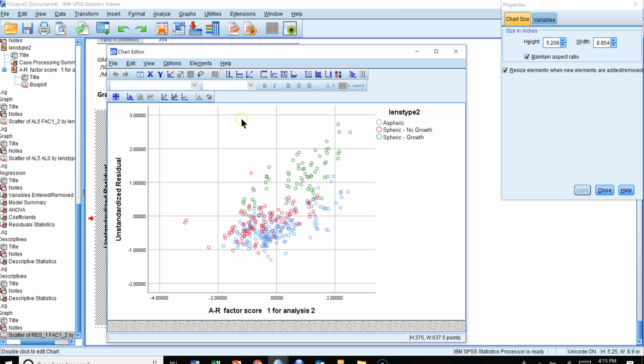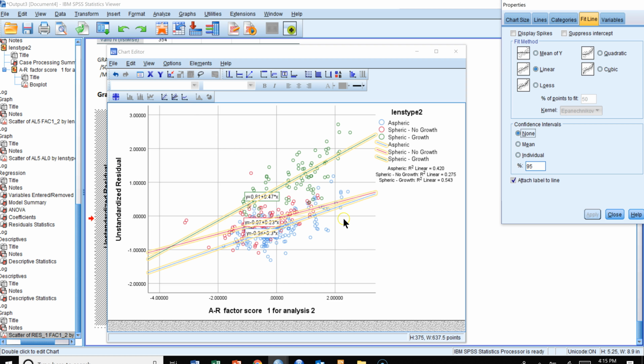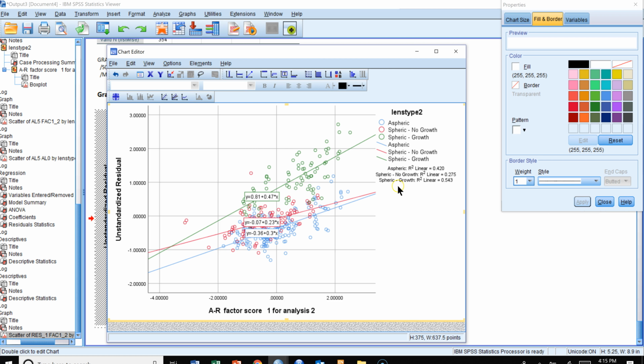And the interesting thing about this is, like we kind of said before, you can see how much more variability, how much steeper this green line is, which is the spherical growth group, that when myopia is not controlled, the adjusted axial length at 5 years goes way up.